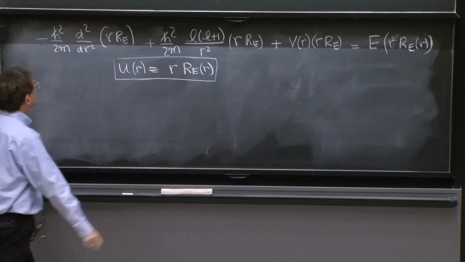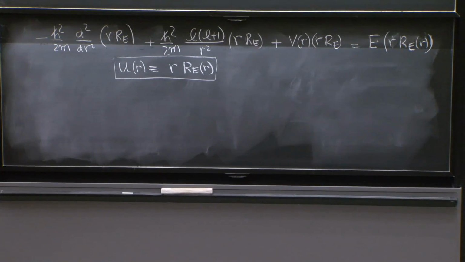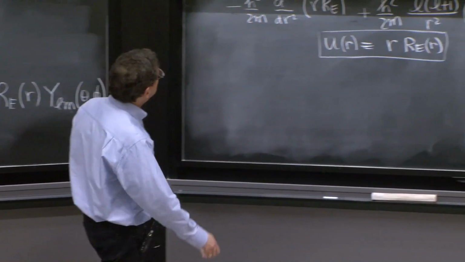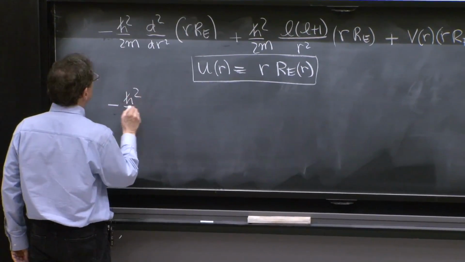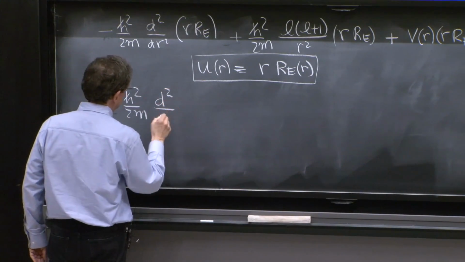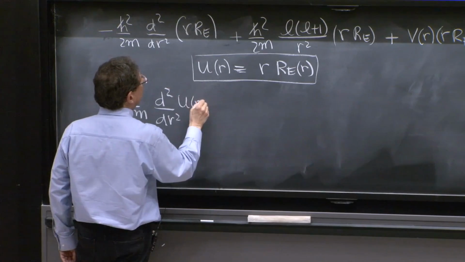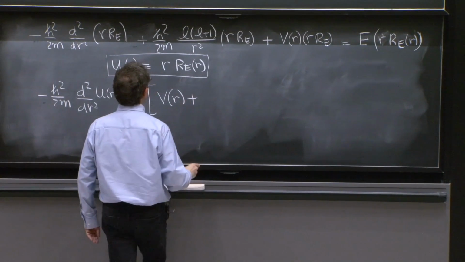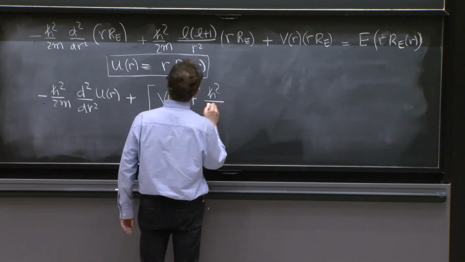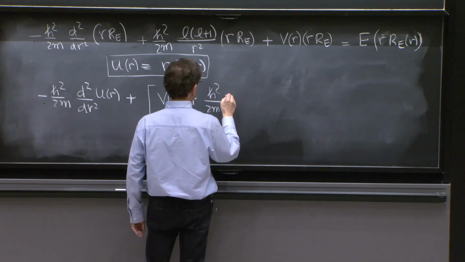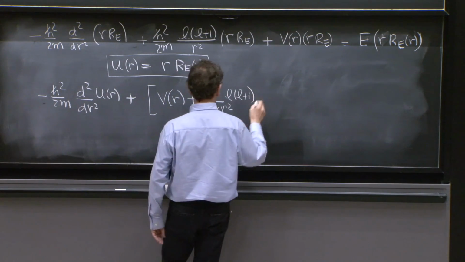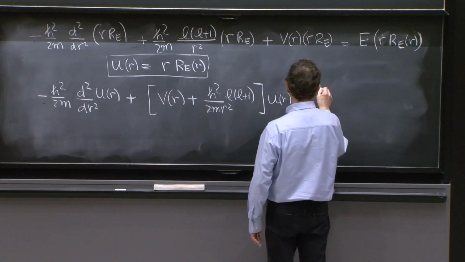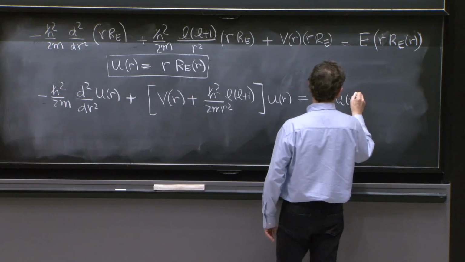And look what we've got. Things worked out to look just right: minus h-bar squared over 2m, the second derivative d²/dr² of u of r, plus, let me open a parenthesis, V of r plus h-bar squared over 2m r squared, l(l+1), u of r is equal to E times u of r.